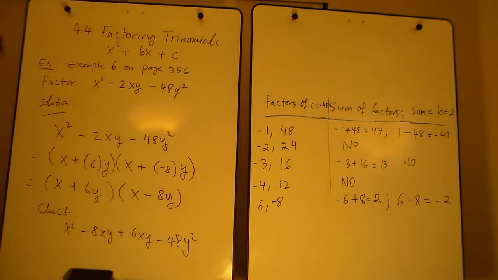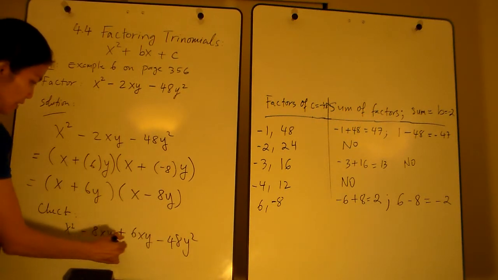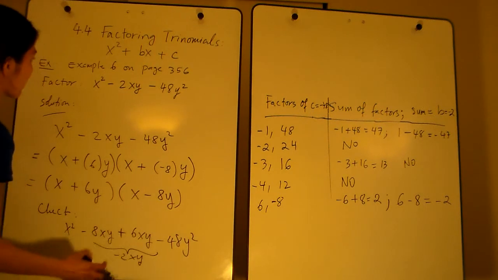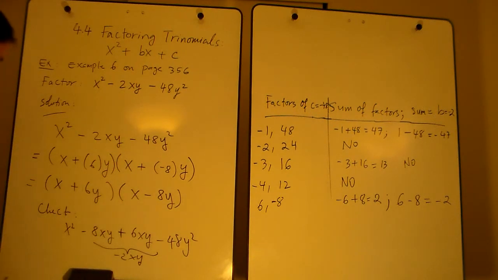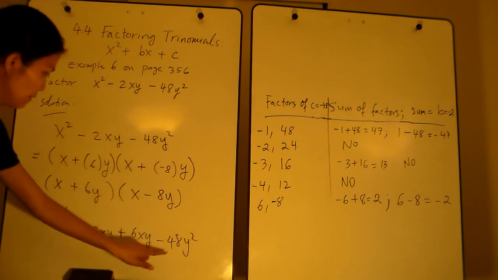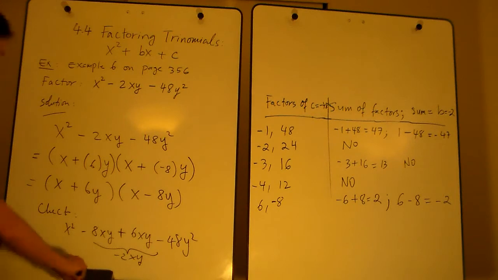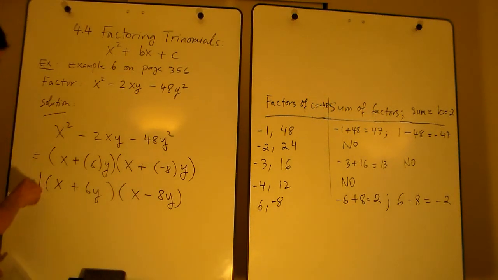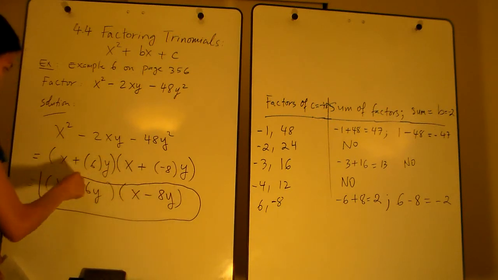You can simplify further. Negative 8xy plus 6xy is negative 2xy. So we just checked the answer, and this actually gave you a correct answer: x squared minus 2xy minus 48y squared. Yes, this is the answer we just checked. The correct answer is this.